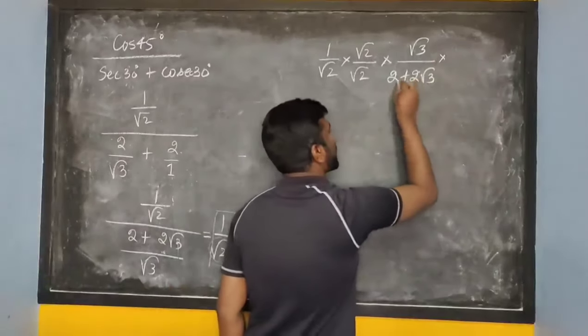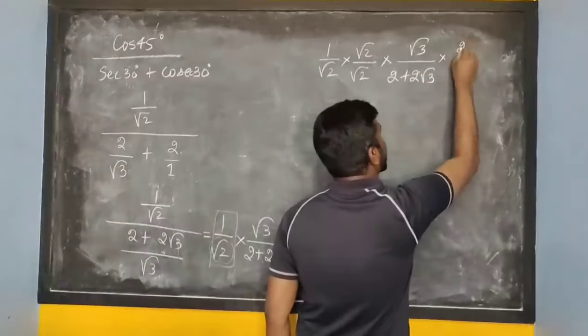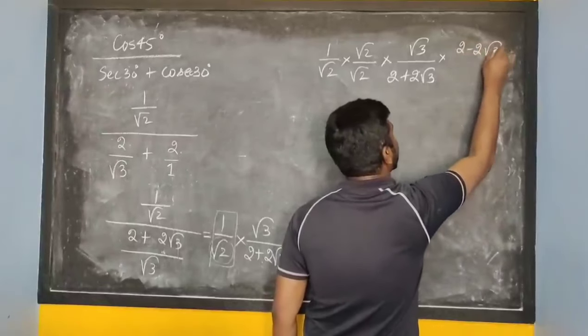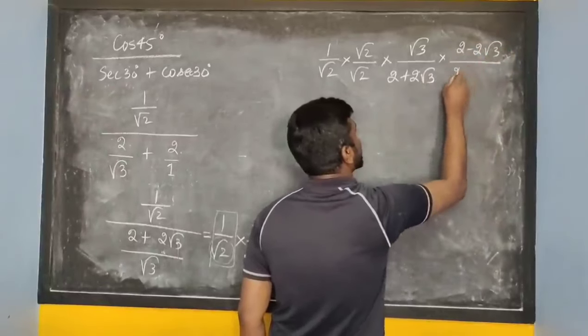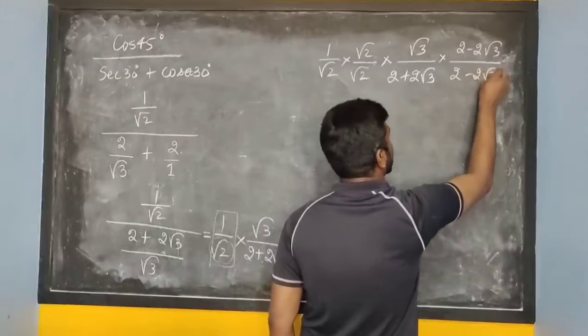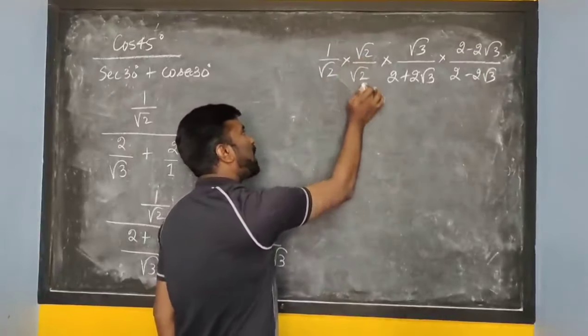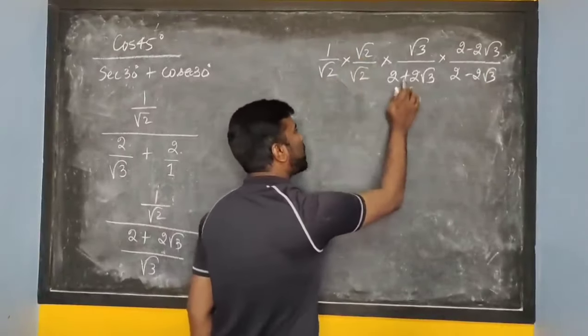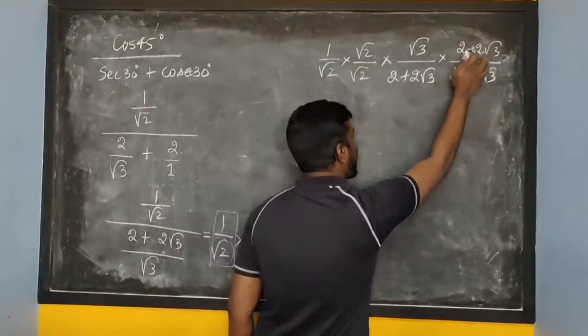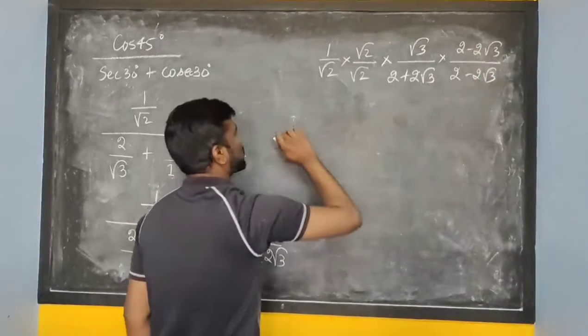That is, 2 plus 2 root 3 multiplied by 2 minus 2 root 3 divided by 2 minus 2 root 3. For a monomial, multiply and divide the same term. For a binomial, change the sign and multiply and divide it.